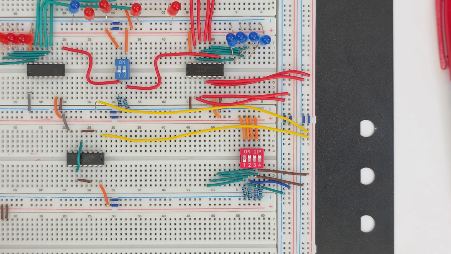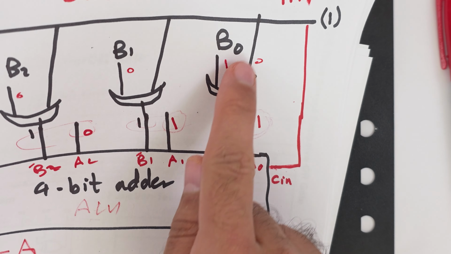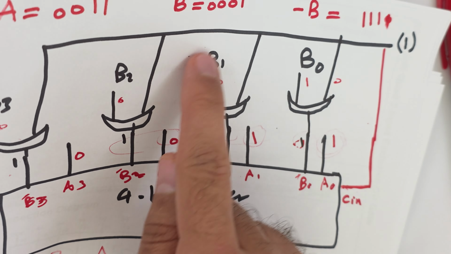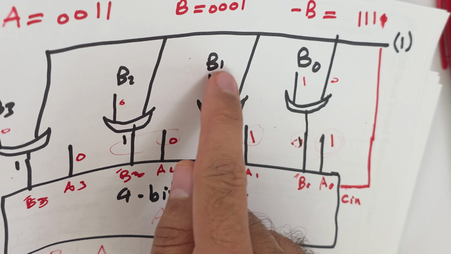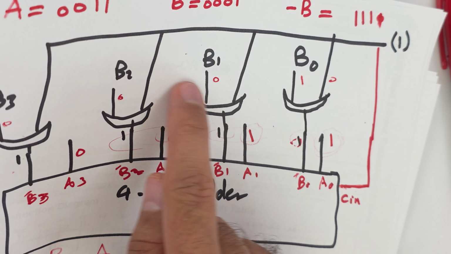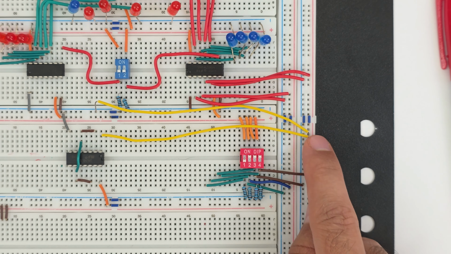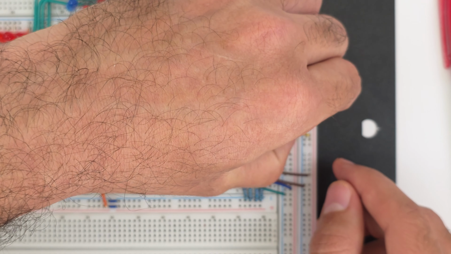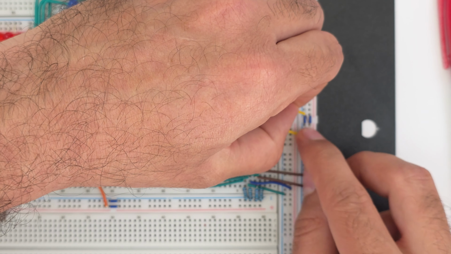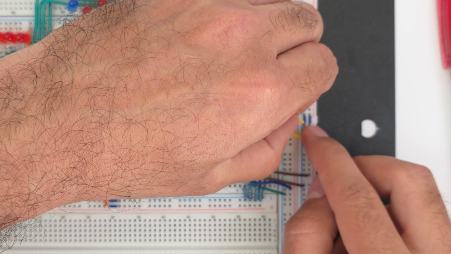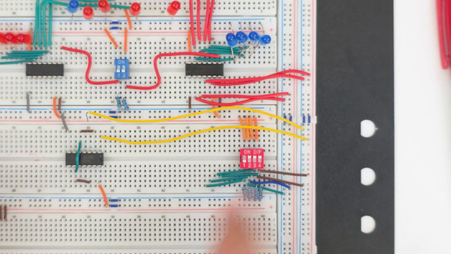Okay, and then now I finished this one. I'm going to the second one. So the second pin in the bus, to this gate here. So this is the second pin. This is not correct. So I'm going to connect this here to the second pin.